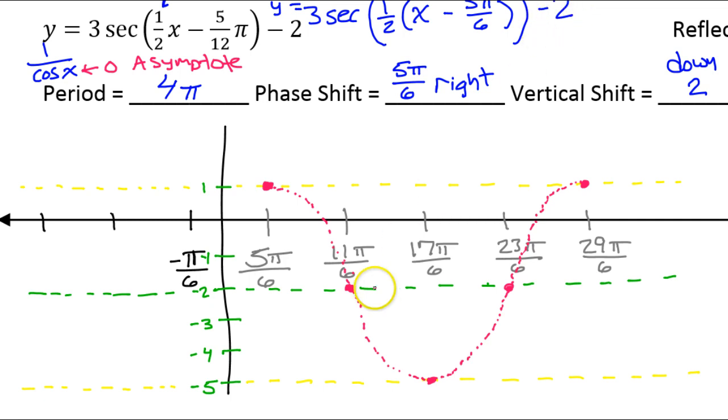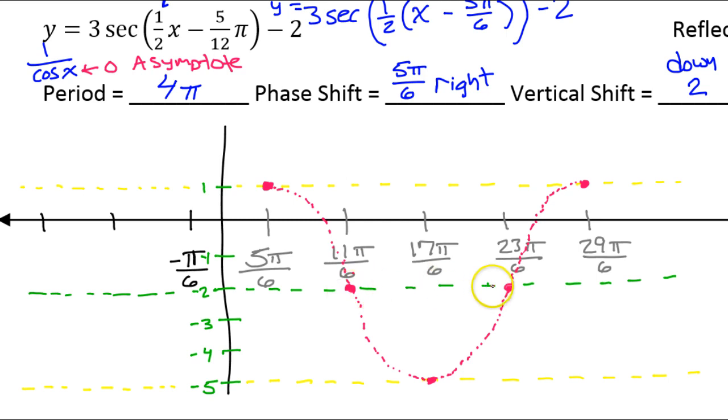If it weren't for the vertical shift, this would have been at 0. So these are still the points I'm going to look at for my asymptotes. These are the points where the cosine function would have been 0 if it hadn't been for all this shifting business. So this still tells me where the asymptotes are.